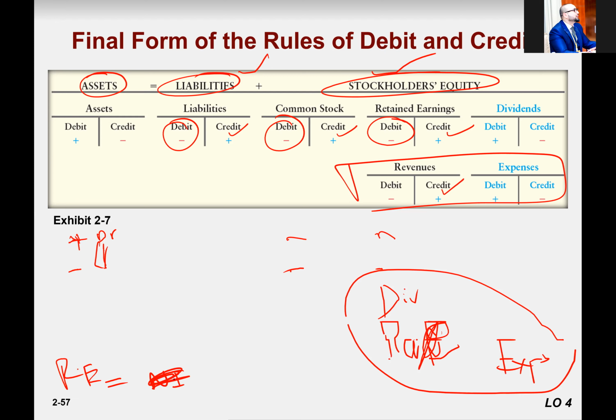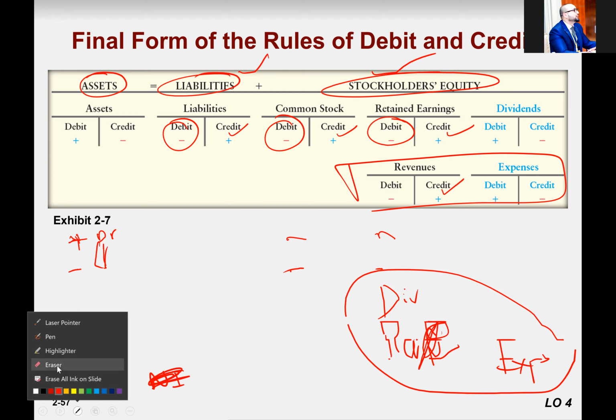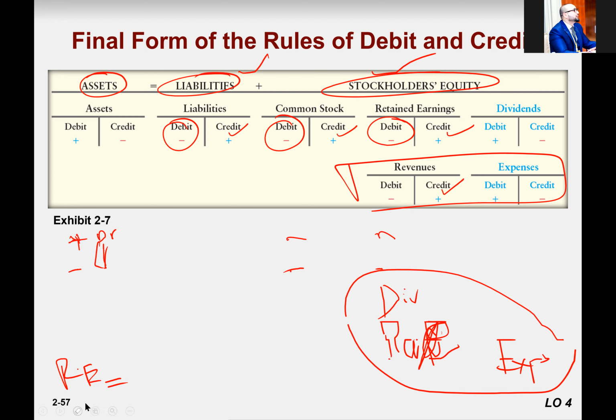Sorry, my bad. Let me erase this. It is sales minus expenses, minus dividend. In some books you call that sales, in other books you call this revenue. It's one and the same thing, so don't get confused with the word revenue or sales.